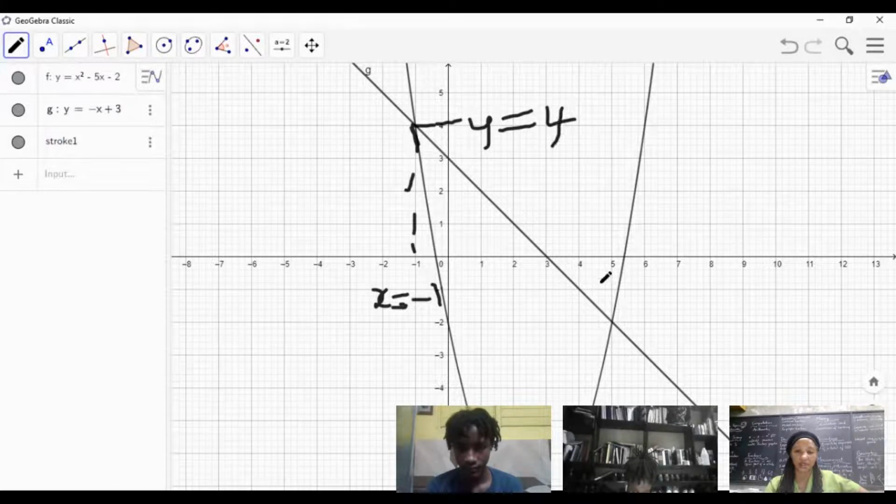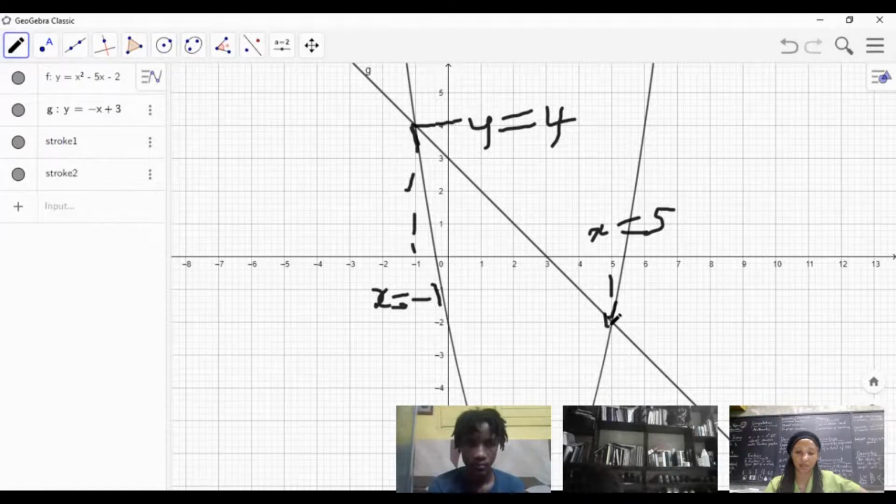And this solution here, is that 5? Right, so straight up from the intersection, x equals 5, and y is equal to negative 2. And straight across to the y-axis, y equals negative 2.